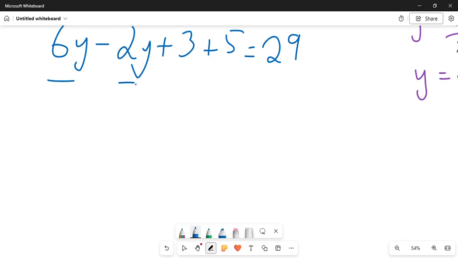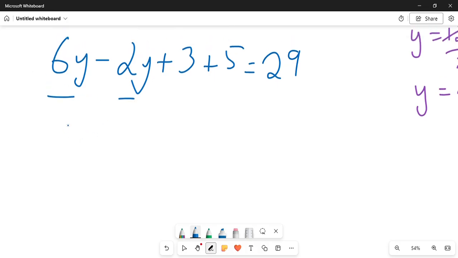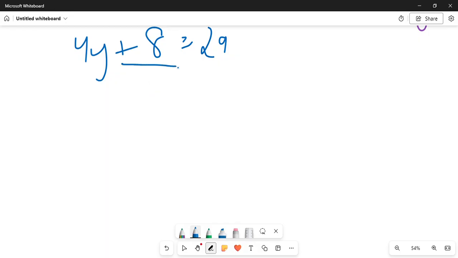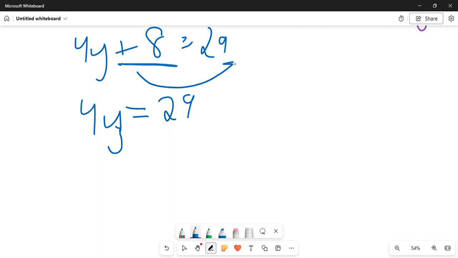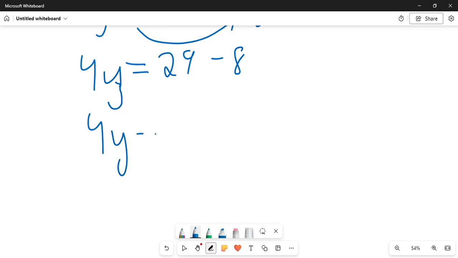Again, the like terms rule, we'll just subtract. 6 minus 2 is 4, so 4y plus 8 equals 29. We don't need this plus 8 here, so 4y equals 29, and when it moves to the other side of the equation, it will be minus 8. So 29 minus 8, 4y equals 21.